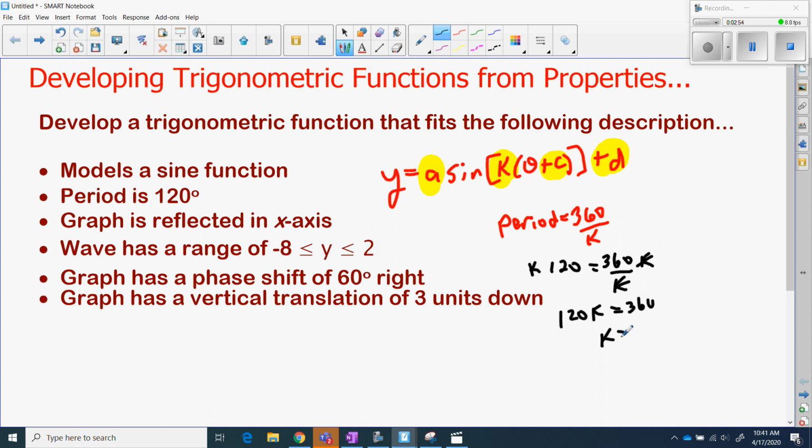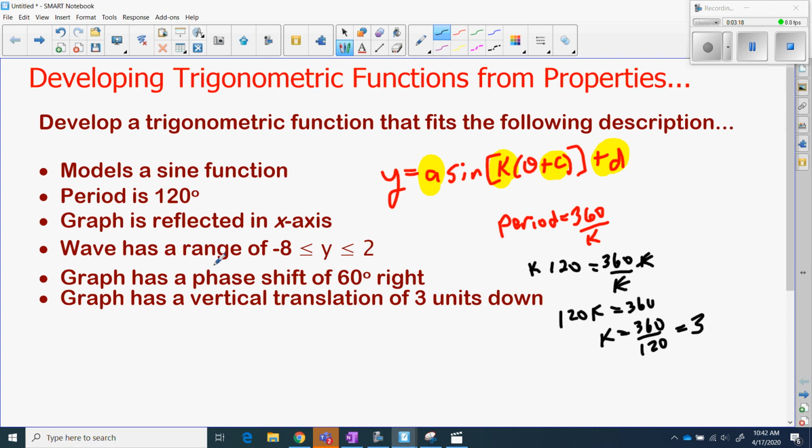So k would be 360 divided by 120, which would turn out to be 3. So I know that number right there is going to be a 3. There's one down. The graph is reflected in the x-axis. That tells me to put a negative here. And again, that's just from our studies with functions that we are expected to know that.